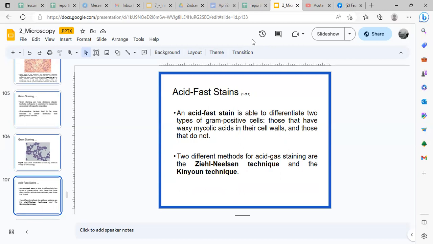So you need acid-fast staining to differentiate the types of gram-positive cells: those that have waxy mycolic acids in their cell walls and those that do not. You have the Ziehl-Neelsen technique and the Kinyoun technique.